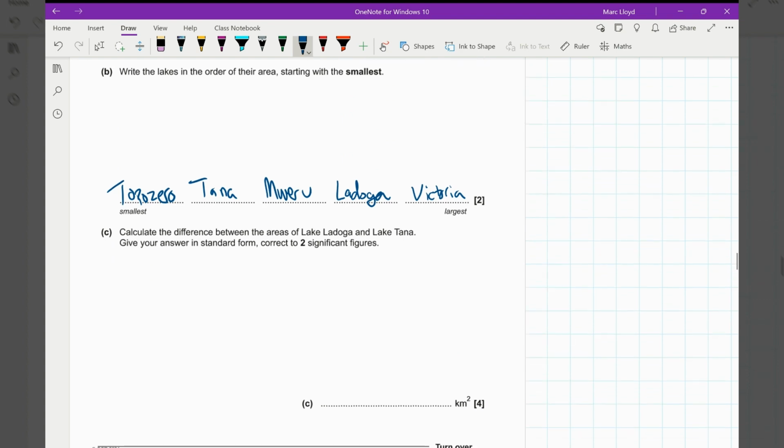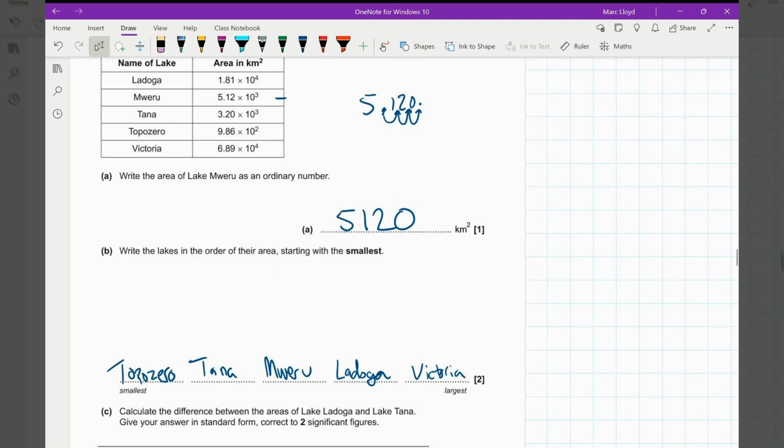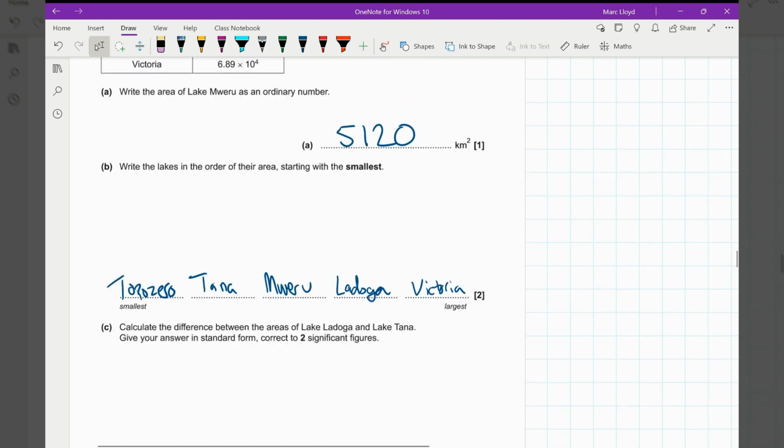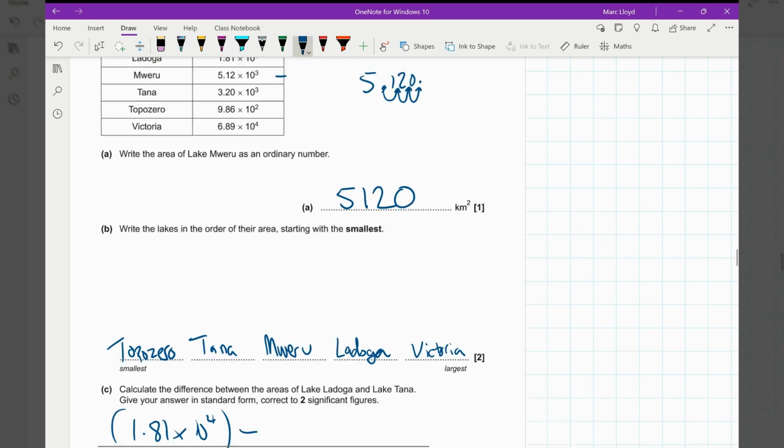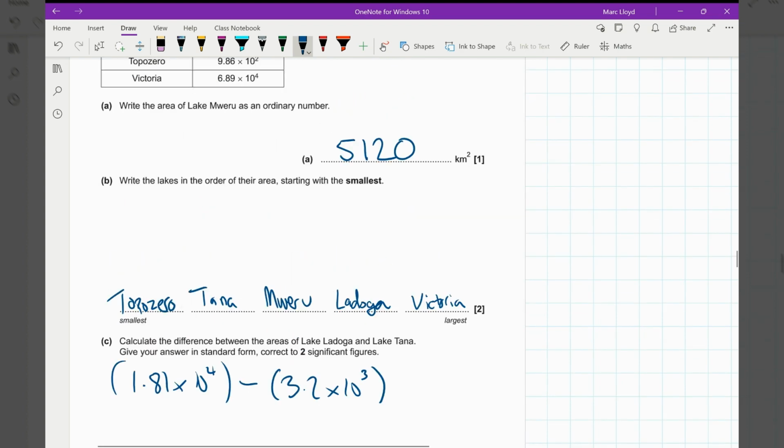Okay, calculate the difference between the areas of Lake Ladoga and Lake Tana. So Ladoga and Tana. So 1.81 times by 10 to the power of 4, take away Lake Tana, 3.2 times by 10 to the power of 3.